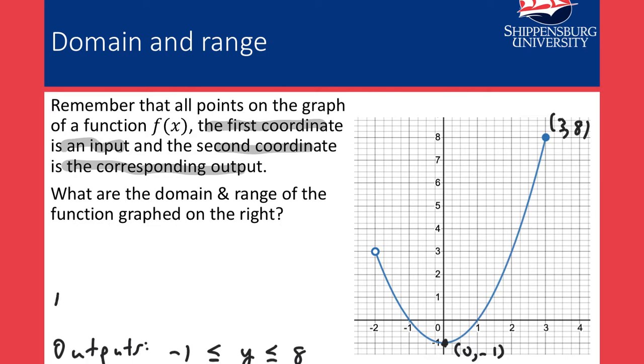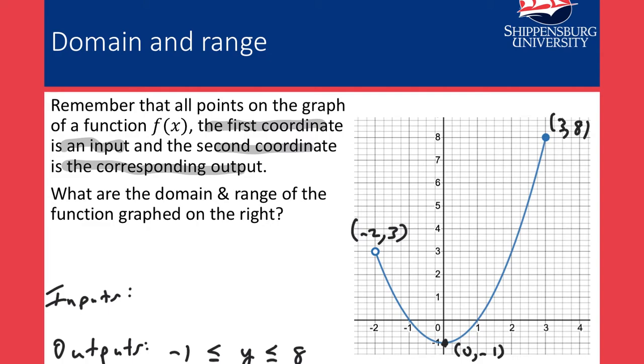The inputs have a slightly different story here, and it's because of this weird notation that I've used on the left side. The coordinates of that dot are (-2, 3). But the white dot there is supposed to look like an unfilled circle. Over on (3, 8), the circle looks filled in, and on the left side it looks unfilled. That represents the fact that the point (-2, 3) is not actually on the graph.